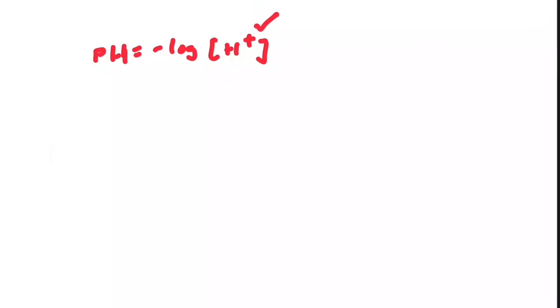The log is what ensures that we don't have very small numbers, because if we just said pH is equal to H+, we would still have consistency. We wouldn't have any issue per se, but we use log so that those small concentrations can be represented in digestible numbers.